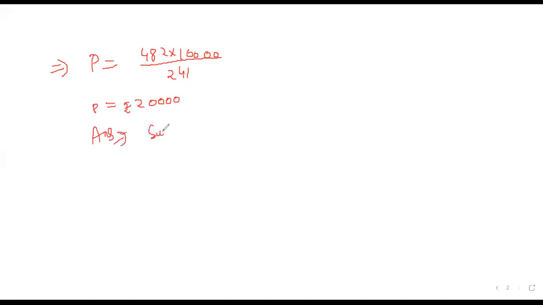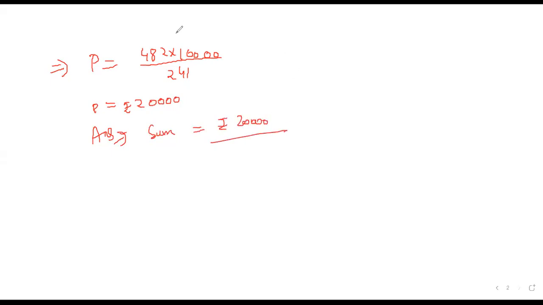And when we find the principal, it is 482 into 10,000 upon 241. 241 goes into 482 twice, so the remaining 4 zeros will be applied. 20,000 is the principal, which is the answer. The sum of money is rupees 20,000.